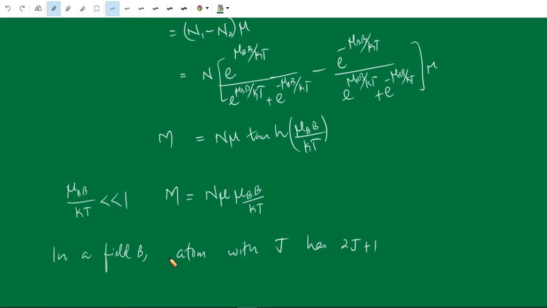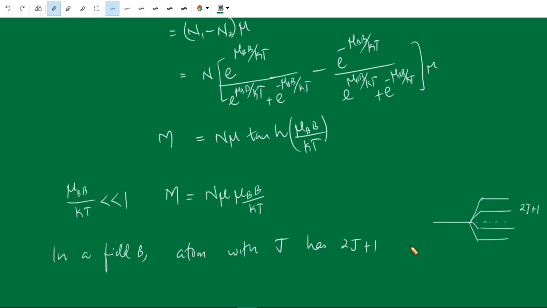Okay, so for a single electron system, there are only two energy levels corresponding to mj equal to half and mj equal to minus half. But for a system with more than one electron, J is the total angular momentum quantum number. Then there are 2J plus 1 equally spaced energy levels. So when a magnetic field is applied, the energy level splits into 2J plus 1 levels.